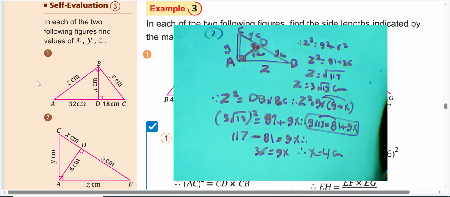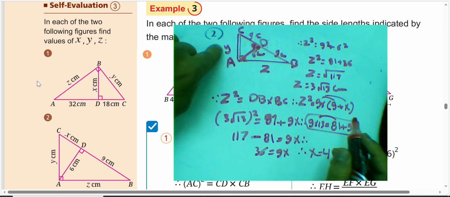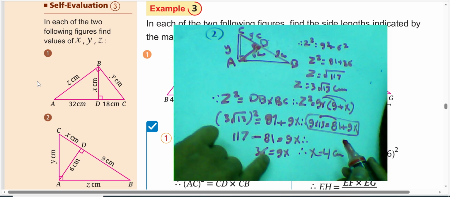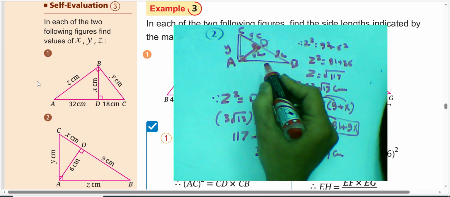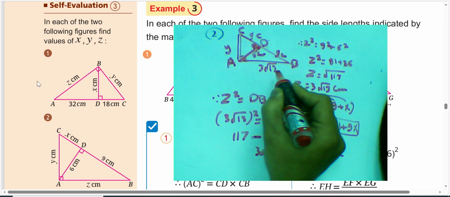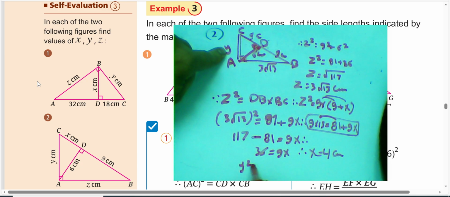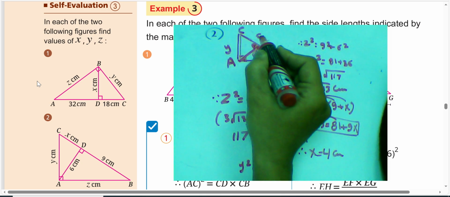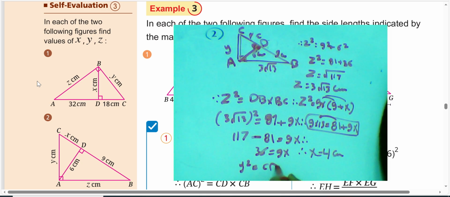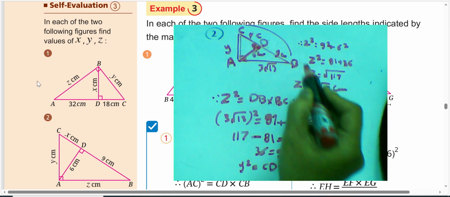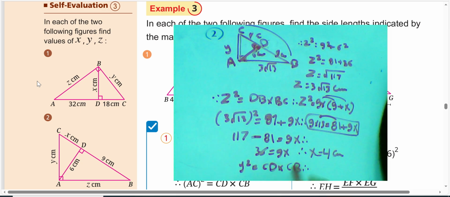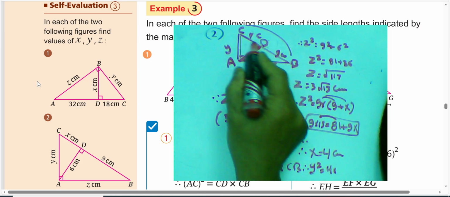And then we can find y. I found z was 3 root 13. Now we will find y. We know y power 2 equals CD product by CB. Then y power 2 equals CD, which was 4, product by 4 plus 9, which is 13.